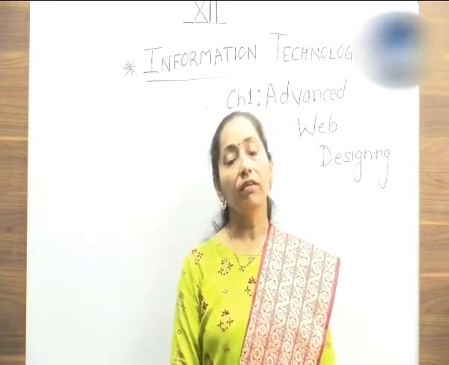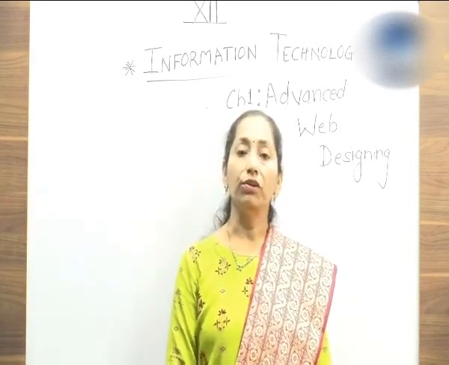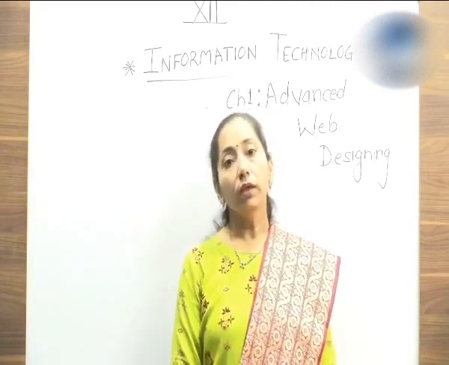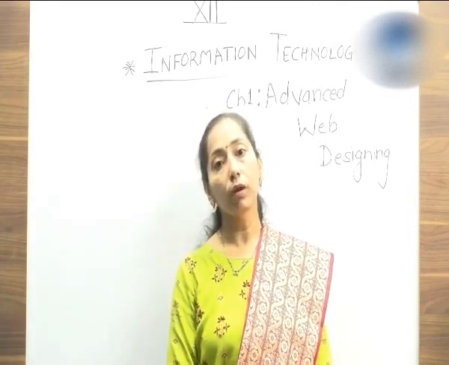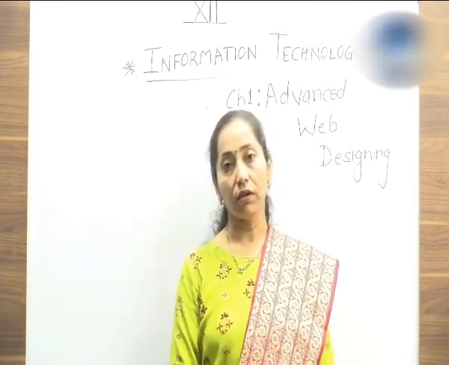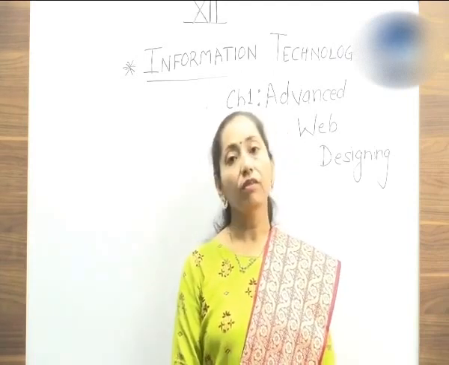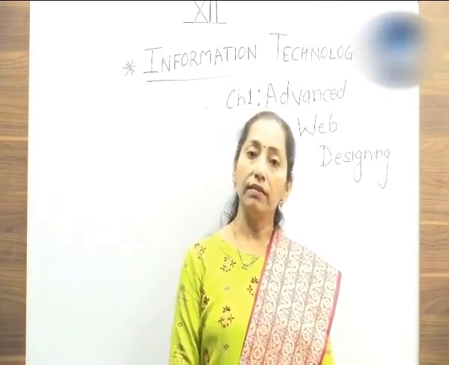Letter spacing, such kinds of properties you are going to make use of in your question number 8b, write an HTML program. You can make use of internal CSS, inline CSS, or external CSS, depending on what kind of question is asked. So today we have learned all types of CSS as well as various properties used in CSS.